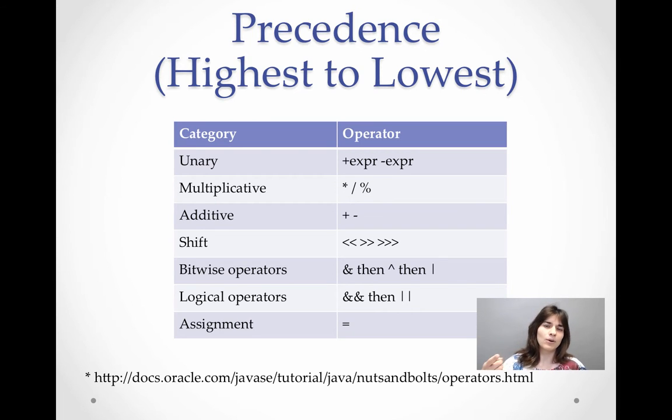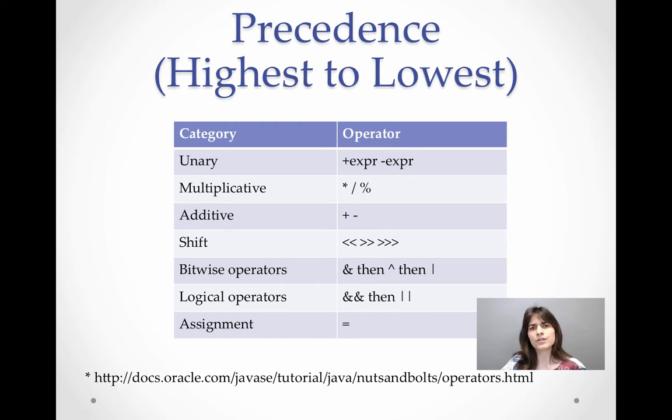Now, on the top of the precedence table, we also see, as we would expect, the unary operators, which is pretty much the sign. Positive numbers don't have to have the plus sign, but they could. And then after that, multiplicative operators, including the modulo operator, and then subtraction and addition, as we would expect.